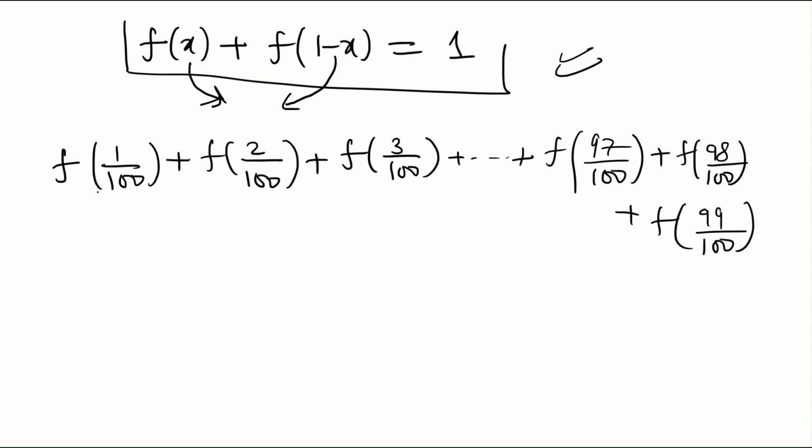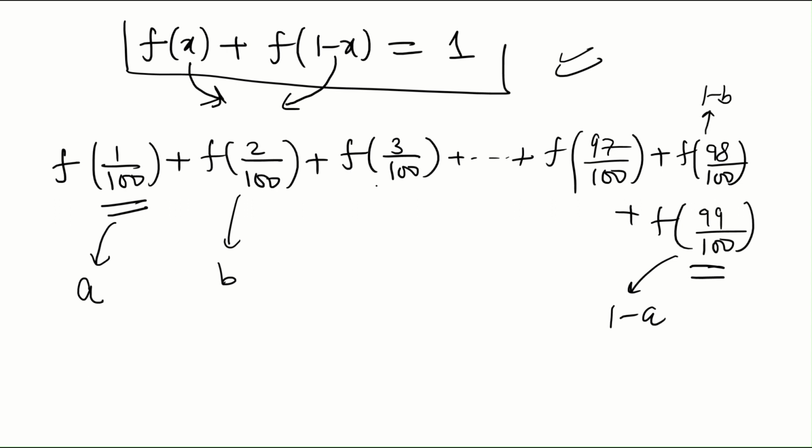What I'm trying to say is that if we analyze the first argument and the last argument in this expression, we can very easily see that if I call this argument 1 over 100 as a, then this is nothing but 1 minus a. And similarly, if I say that 2 over 100 is, let's say, b, then 98 over 100 is coming out to be 1 minus b. And we can use the same logic for all the terms.